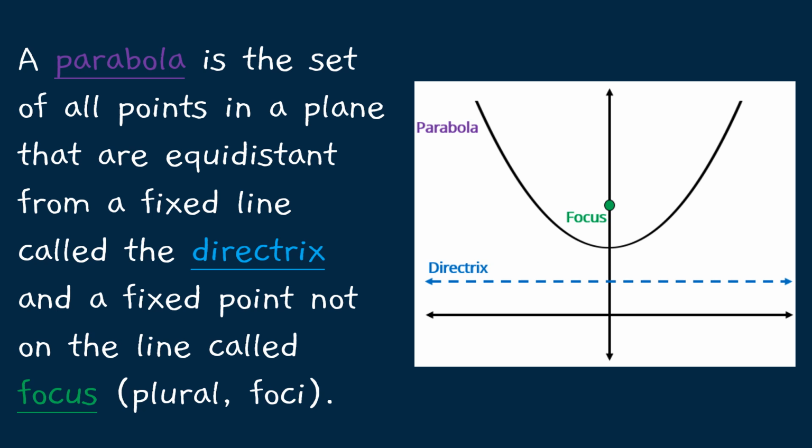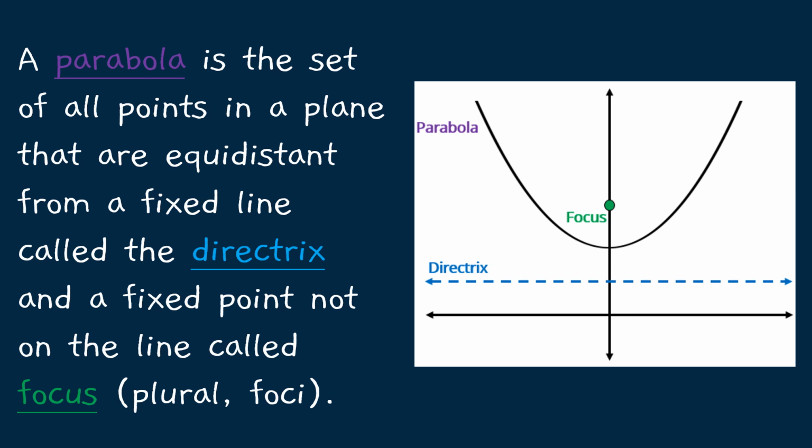Remember that a parabola is the set of all points in a plane that are equidistant from the fixed line, which is called the directrix, and the fixed point, which is not on the line, which is called the focus. Remember, the fixed point should not be found on our fixed line.